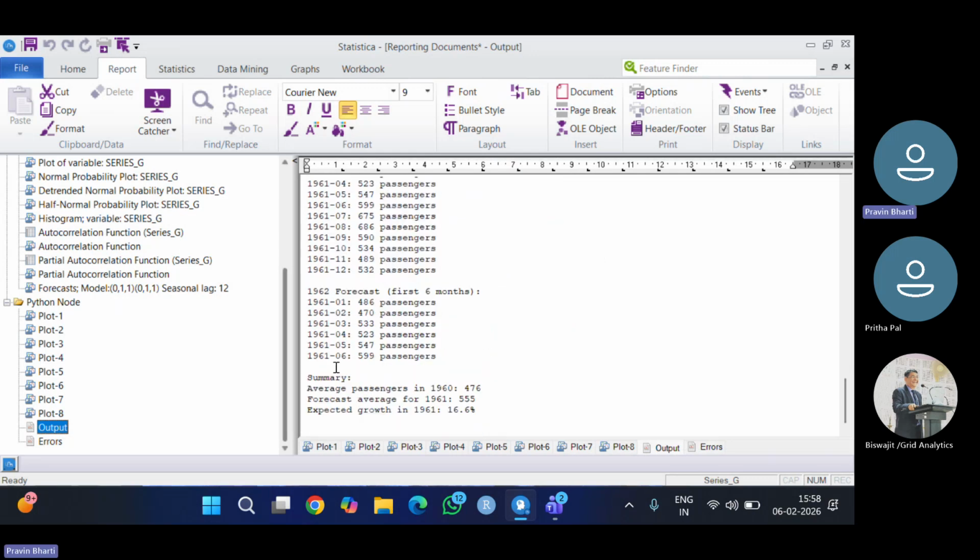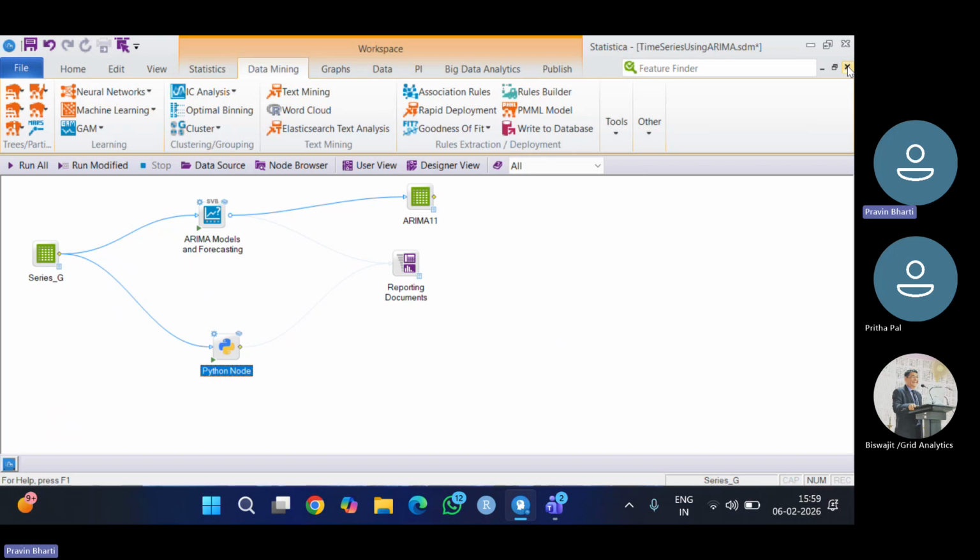So this is the summary: average passengers in 1960 is 1476, forecasted average for 1961 is 555, and we can see in the passengers that is 16.6% in the year 1961. So in this way we will use this Python node browser also.